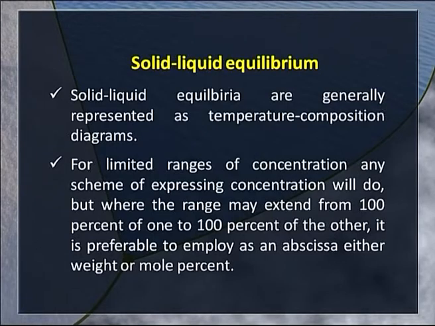But if you have to deal with systems in which the composition varies from 100% of A to 100% of B, the components being A and B, then it is better to use either weight percent or mole percent. We start with systems in which there is no miscibility in the solid state, otherwise further complications are added. We will tackle such systems at a later stage.